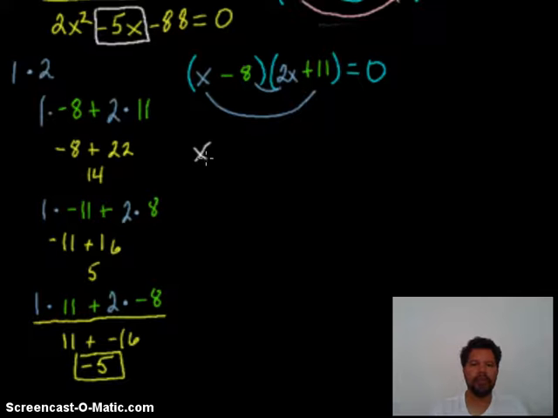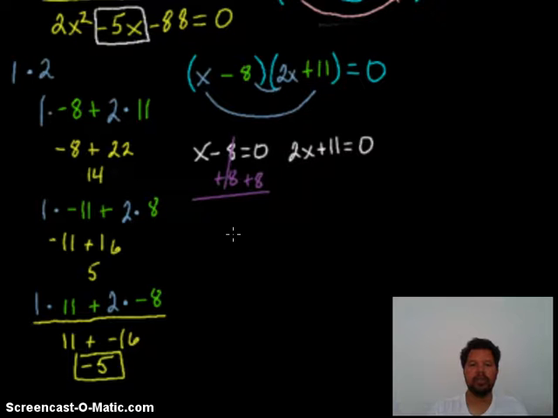So we have x minus 8 equals 0 and 2x plus 11 equals 0. So we can solve these equations independently. Here we're going to solve for x by adding 8 to both sides, which is nice and simple. We get x equals 8 as one of our solutions.